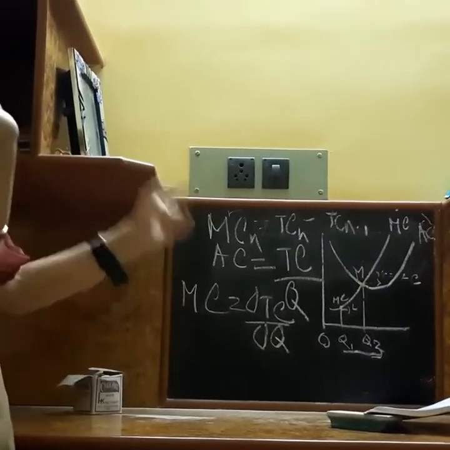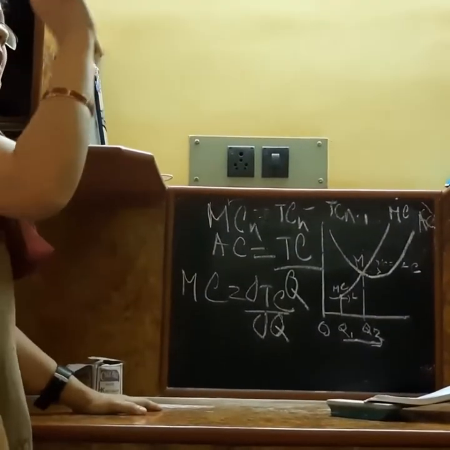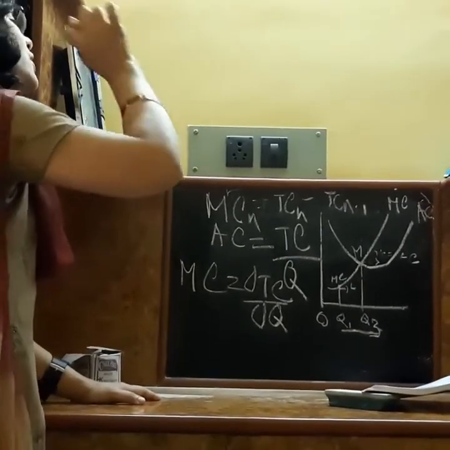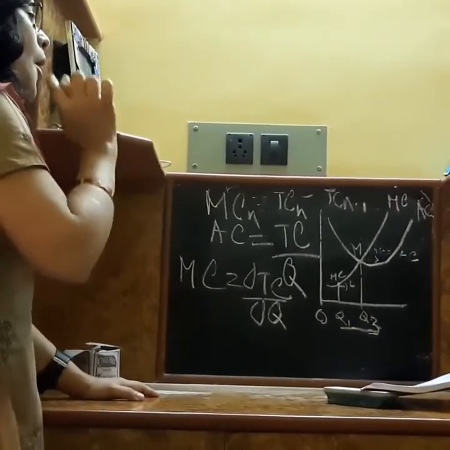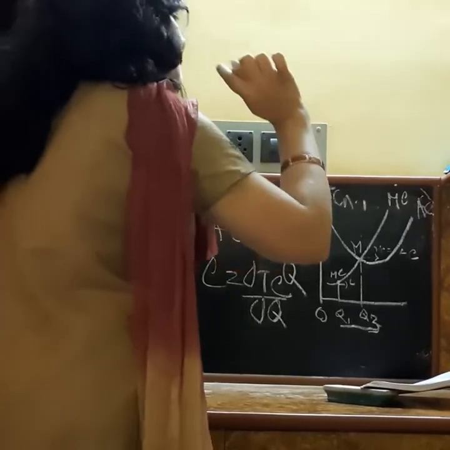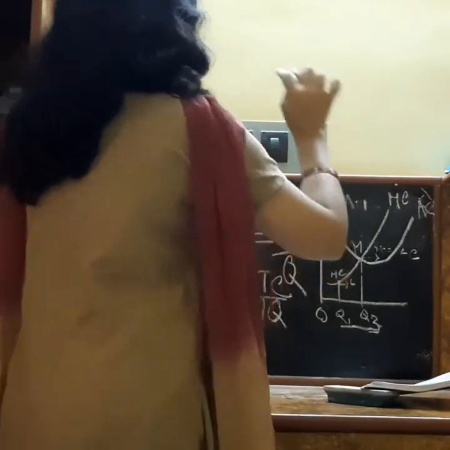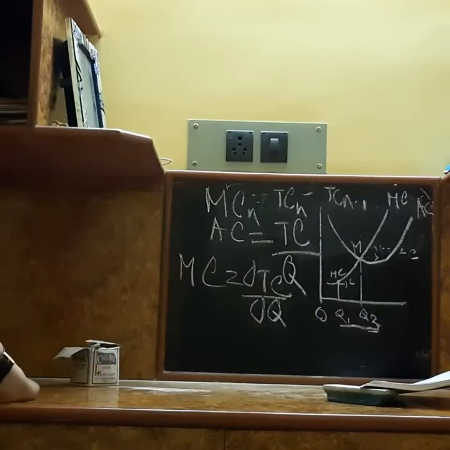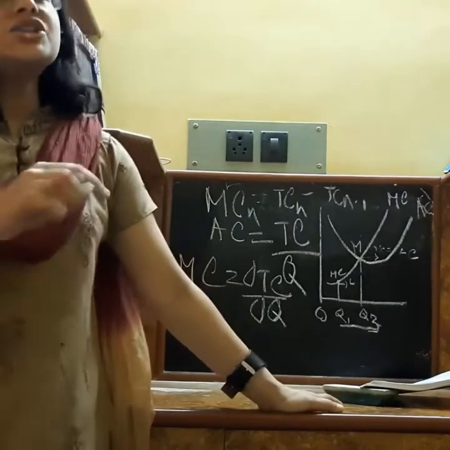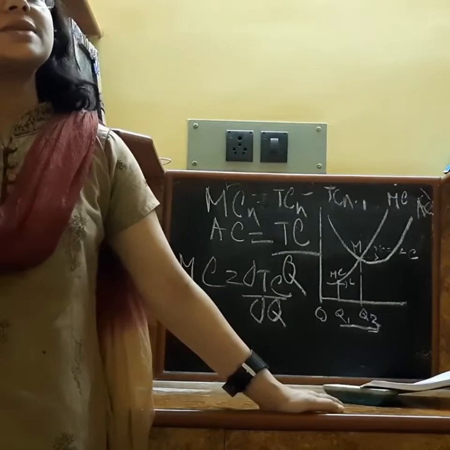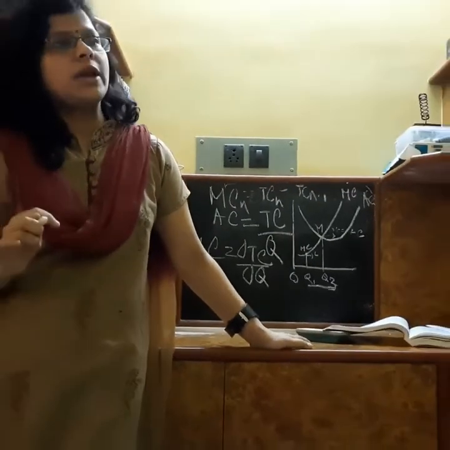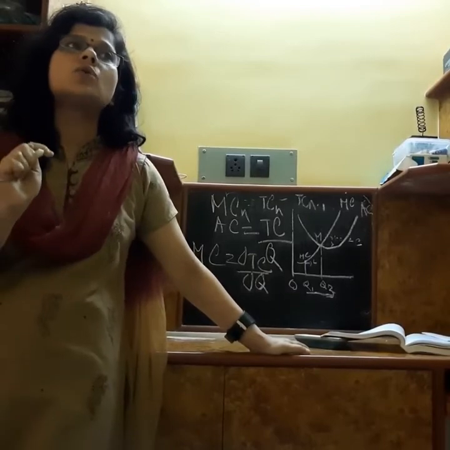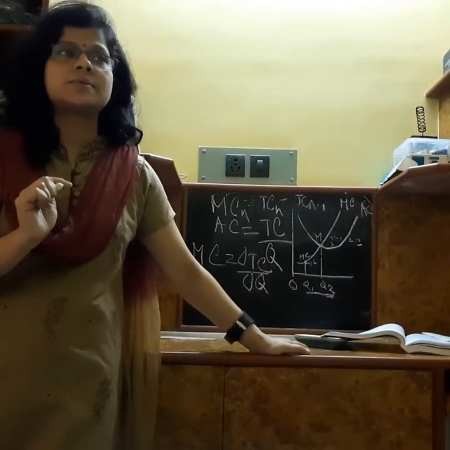When again you look at the picture, when AC is rising, MC will also rise. But again here the value of MC must be greater than AC. So what we have learned? Initially when the production starts, the MC starts falling, and AC also follows the same characteristics.